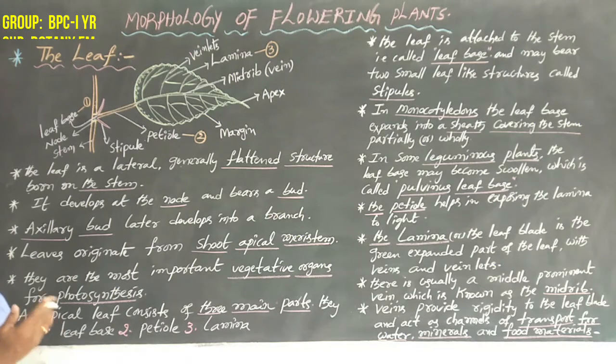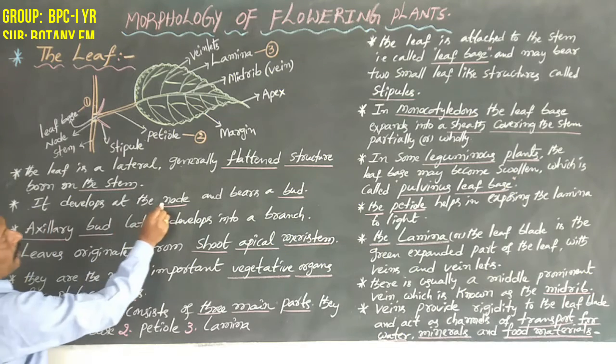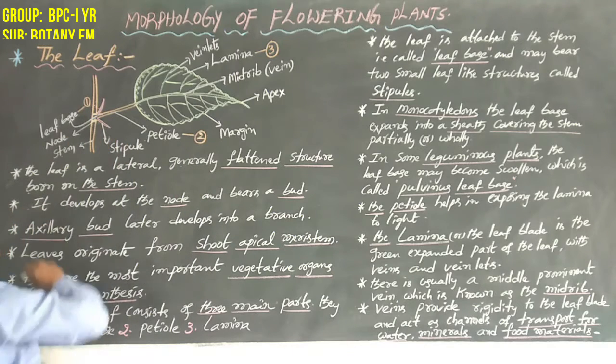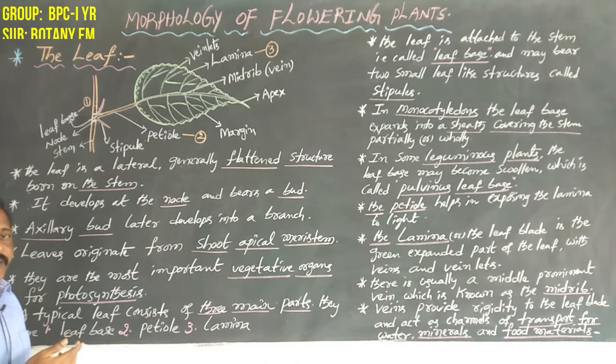This is an aerial part, a flattened structure, green in color, always arranged on the lateral side, not horizontally, not vertically, but always formed laterally. Here it develops at the node of the stem and bears a bud.